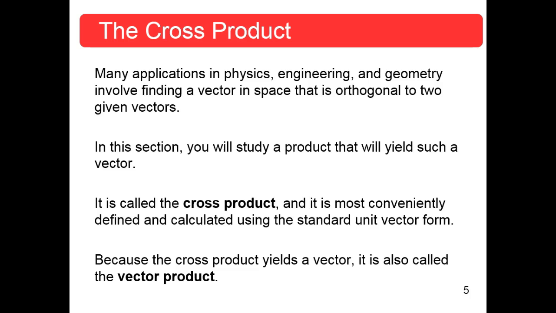So in this section, we'll study a product that will yield such an orthogonal, perpendicular, normal vector. It's called the cross product. It's most conveniently defined and calculated using the standard unit vector form.